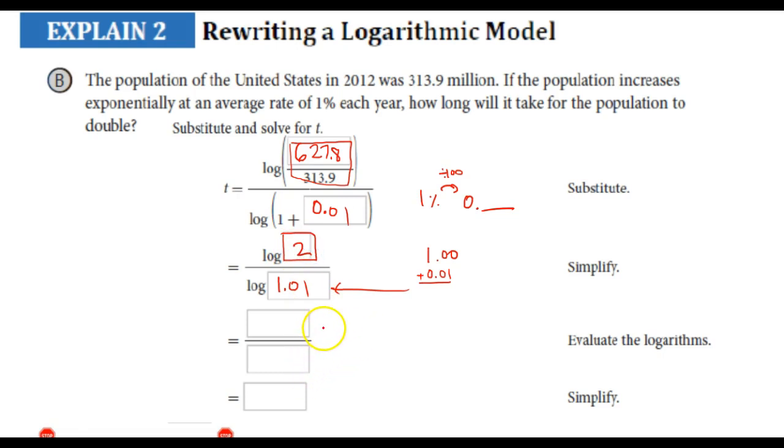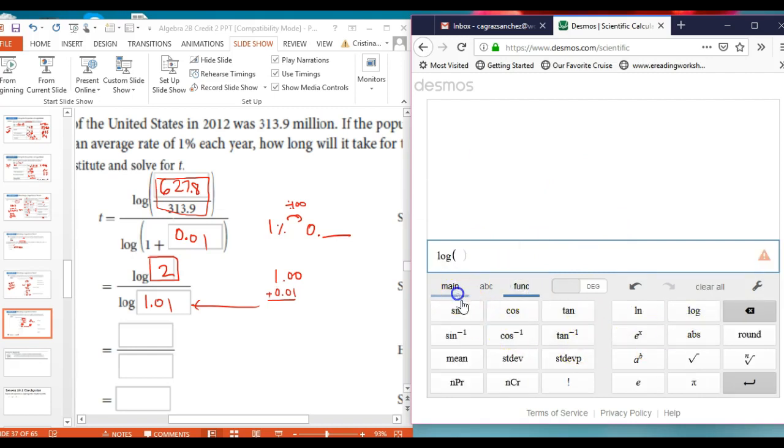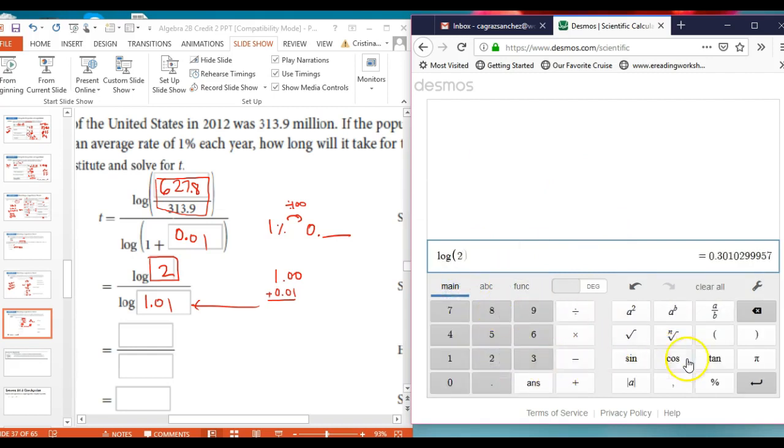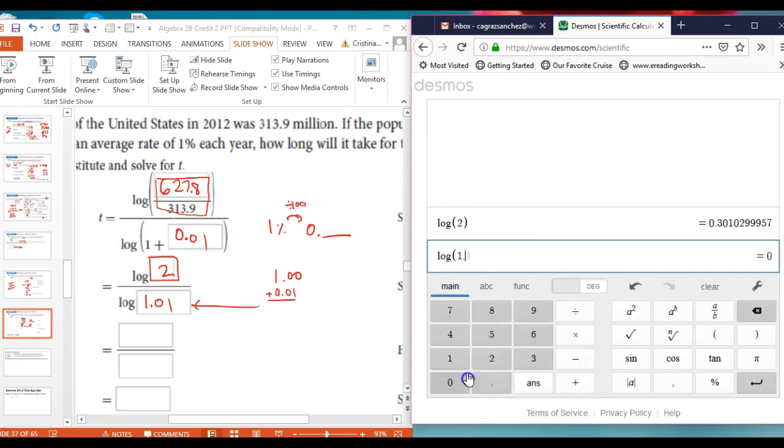Let's go ahead and figure out what log 2 and log 1.01 are. At this point, yes, I will show you the decimals on the calculator so we can calculate what those decimal values are. So on the calculator, that's log 2, which is done there, and log 1.01.